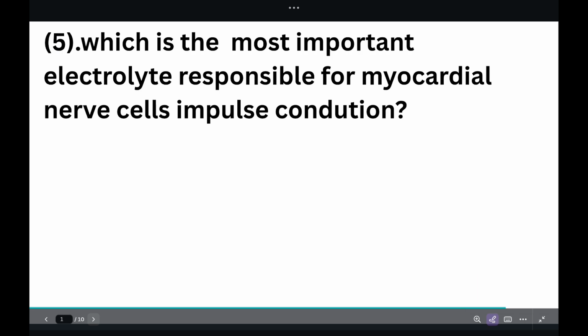Next question. What is the most important electrolyte responsible for nerve cell impulse conduction? As we discussed in the previous question about magnesium, magnesium plays an important role in the myocardial nerve cell impulse conduction.